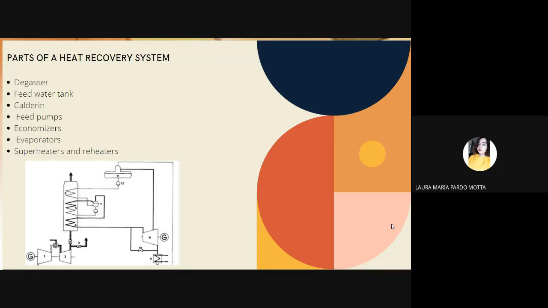In the economizer, the exchangers preheat the feed water with the residual heat of the exhaust gas, taking advantage of the energy and increasing the performance of the installation. Evaporators are exchangers that take advantage of the heat of the intermediate exhaust gas to evaporate the water at the pressure of the corresponding circuit.